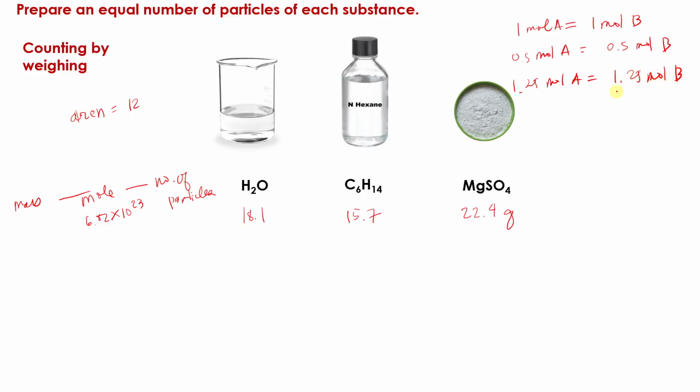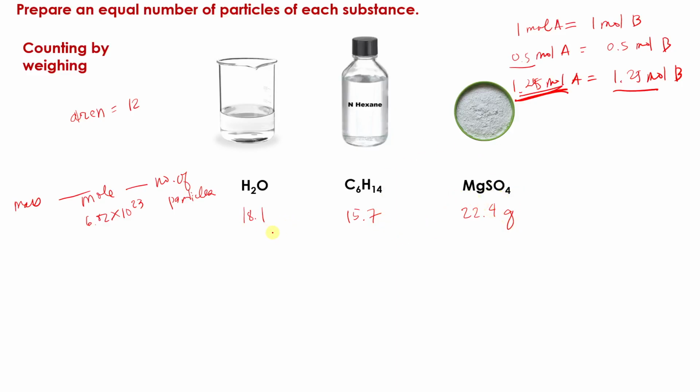So again, the same number of moles means the same number of particles. And the greater the number of moles, the greater the number of particles, and the lower the number of moles, the lower the number of particles. So again, we have 18.1 grams of H2O and these amounts of the other substances.